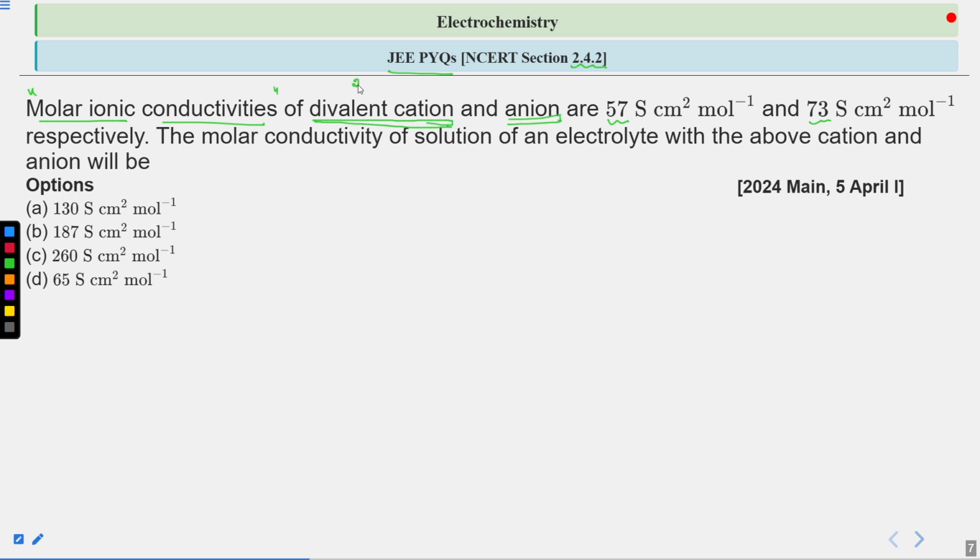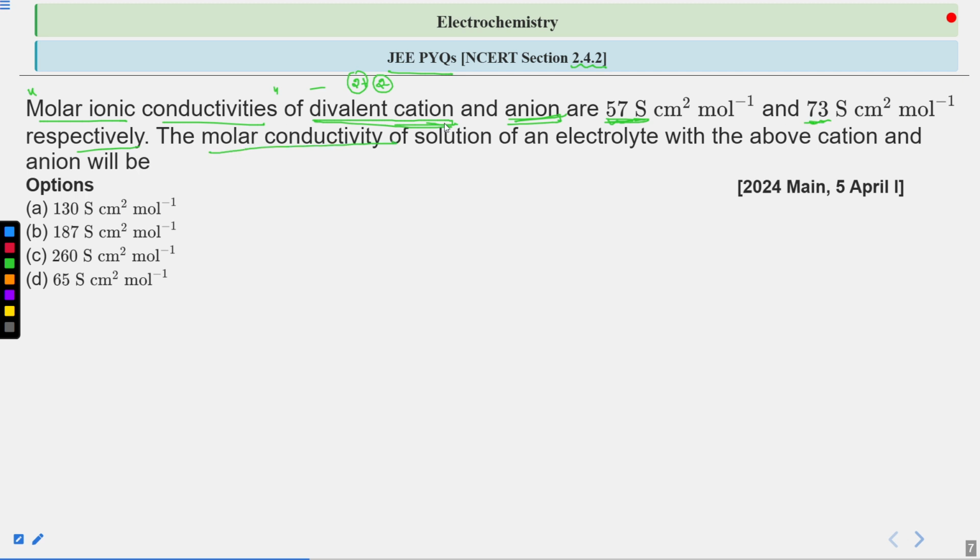It means it has two charges, two positive or two negative, for the cation and anion respectively. So the molar ionic conductivities are 57 Siemens centimeter square mole inverse for the cation and 73 for the anion.